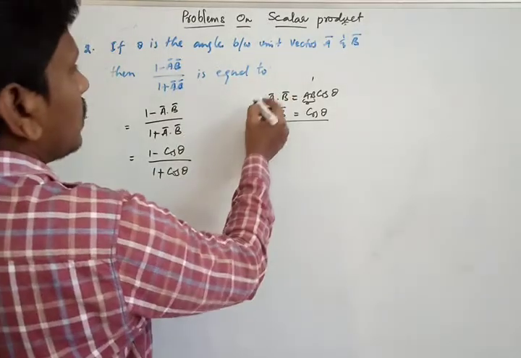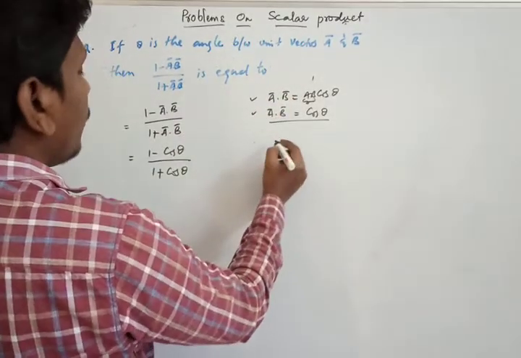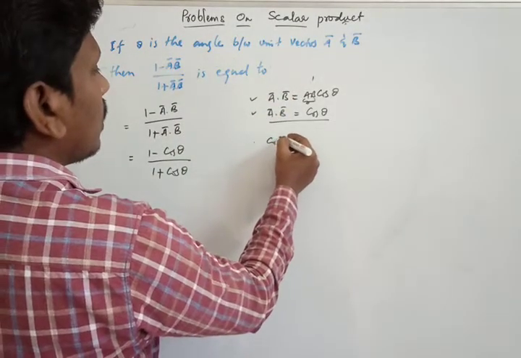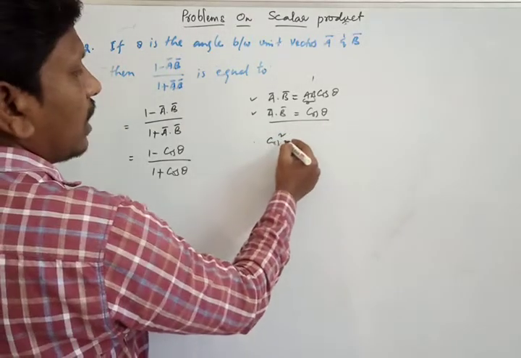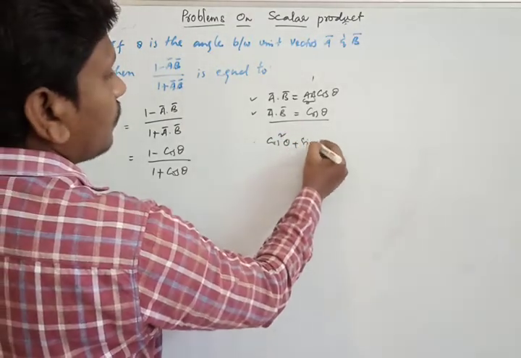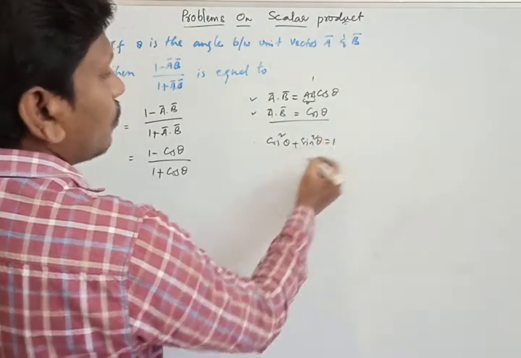Now one more hint. We know the identity cos²θ + sin²θ = 1.